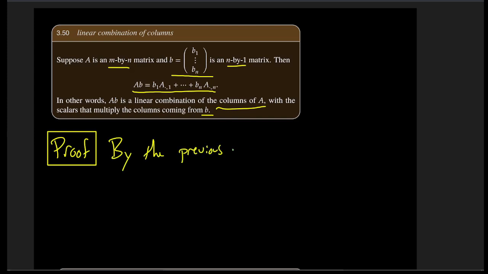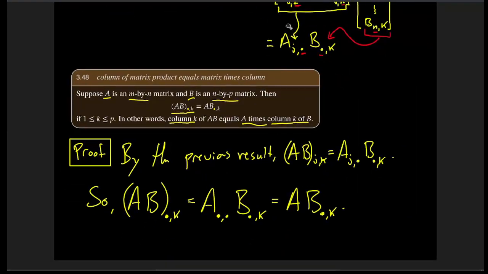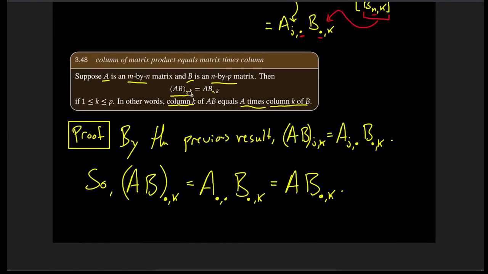By the previous result, we know the kth column of AB is A times B_{·,k}. This is what we just proved right down here.